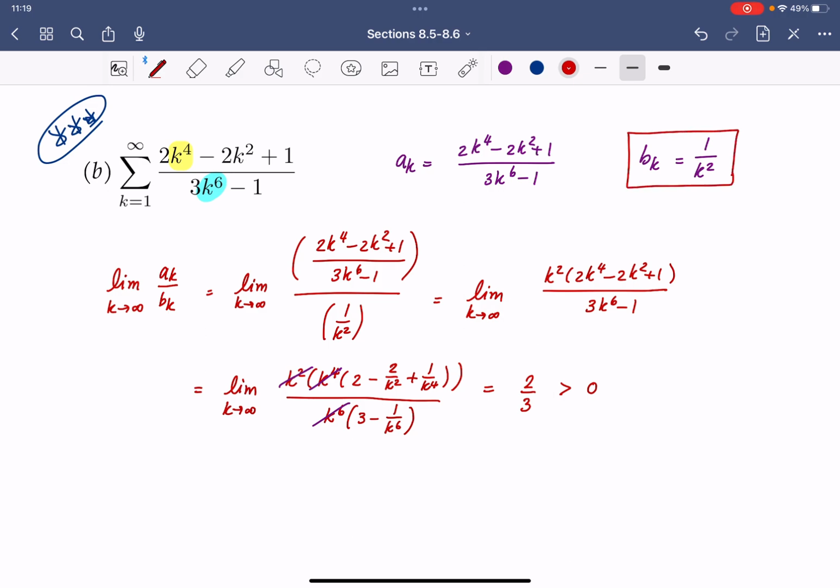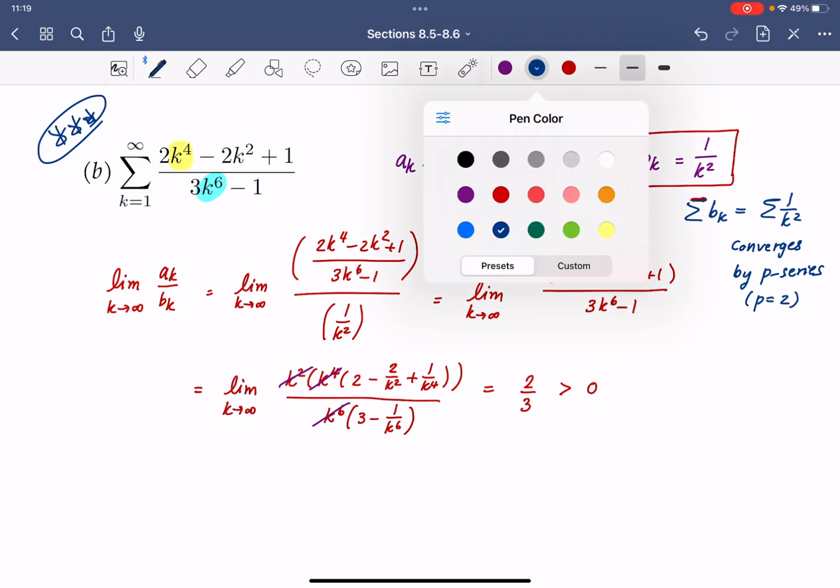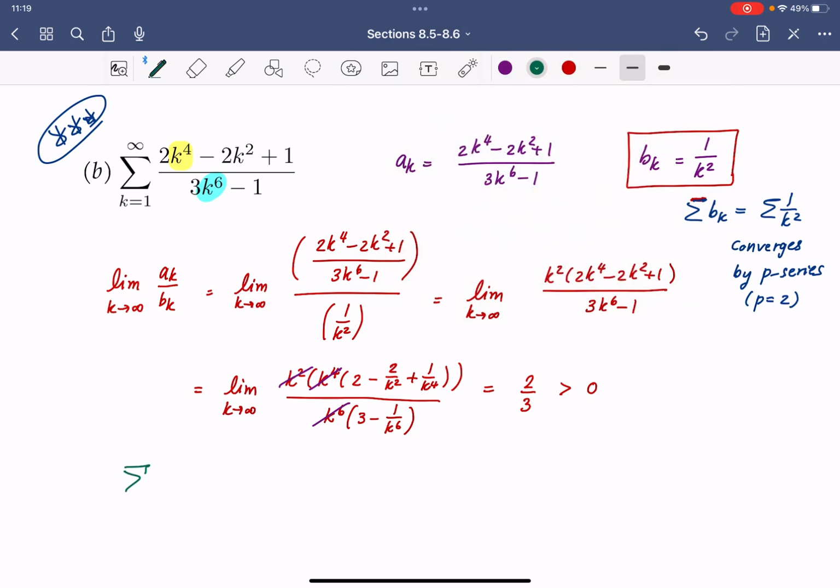So sum bk here, sum 1 over k squared, this is actually convergent by the p series, p equal to 2. So sum bk is convergent, which means sum ak must be convergent as well, by the limit comparison test.